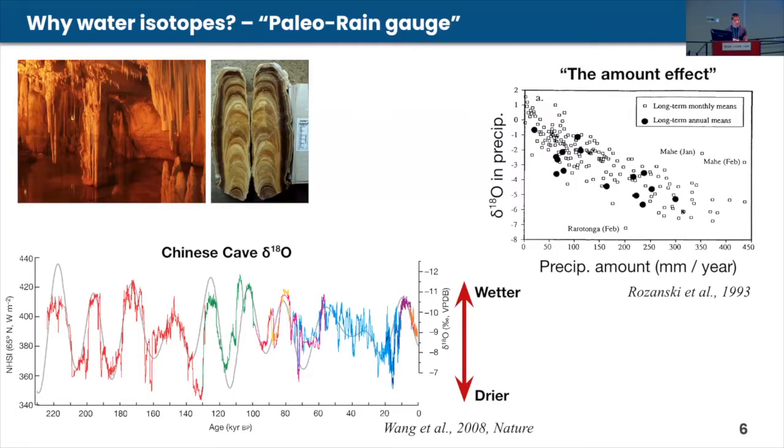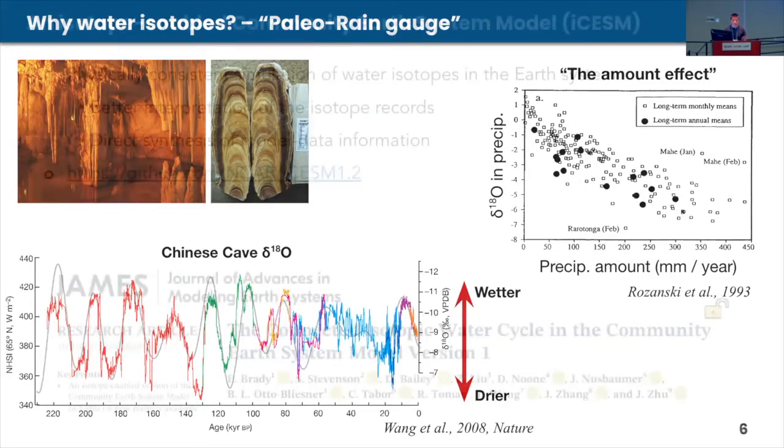Hopefully, so far I have convinced you that isotopes are important for paleoclimate. They tell us a lot about how the Earth system works. But hopefully you have also noticed that the calibration is based on the present day climate, and there's uncertainty with calibration, and there might also be other environmental factors that impact the interpretation.